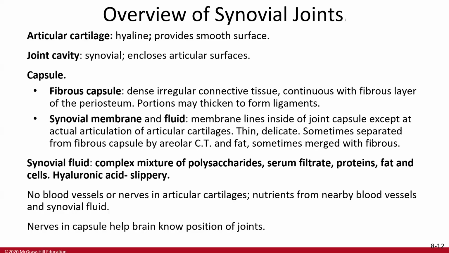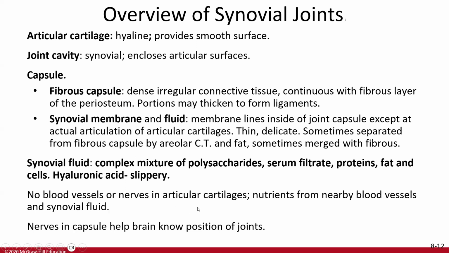So if we don't have a good blood supply somewhere and there's an injury there, it's much harder for that to heal if we're not getting as many nutrients there. So in this case, we're really relying somewhat on our synovial fluid itself to get nutrients to the parts of our cartilage that don't receive those from a good blood supply.